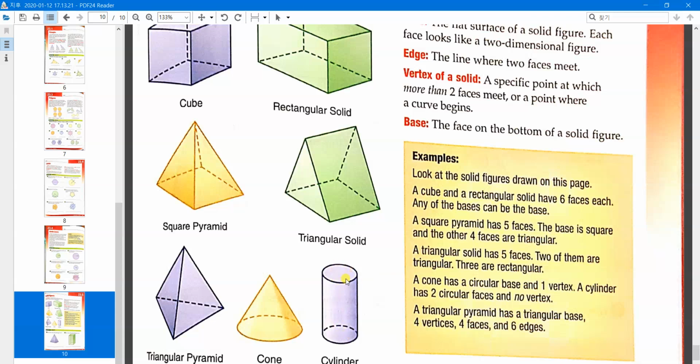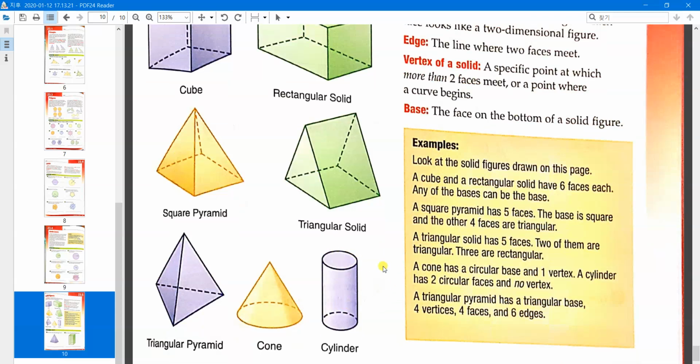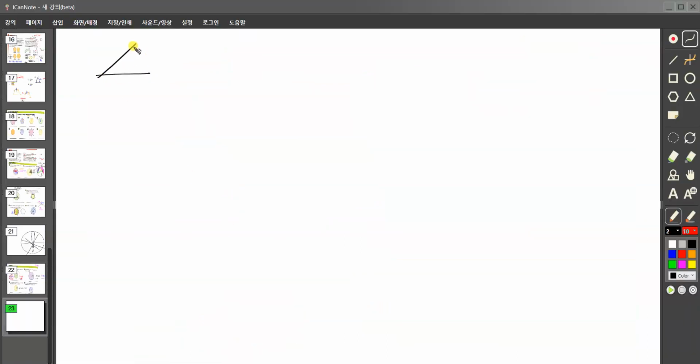Cylinder has the base, the circle shape, and triangle. There is a cylinder's triangle base shape. There are kinds of cylinders.